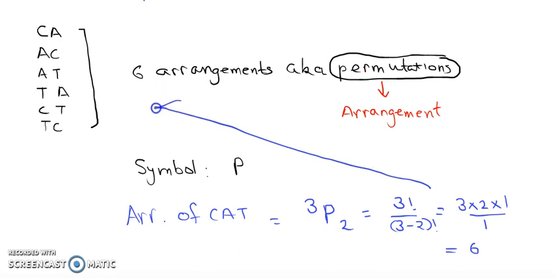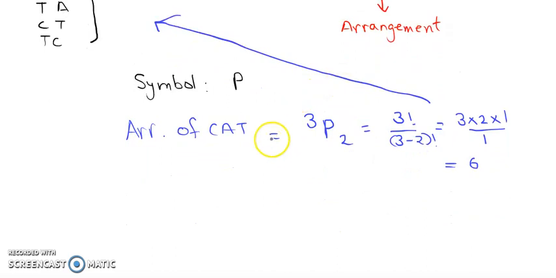Mathematics is all about looking at patterns and then coming up with a general mathematical formula to explain it. So we just looked at the pattern and we found that if we use this factorial notation, it works. So let's just come up with a general formula now.